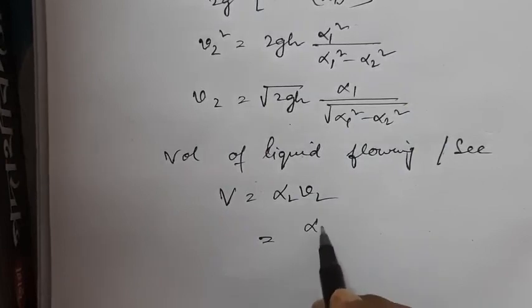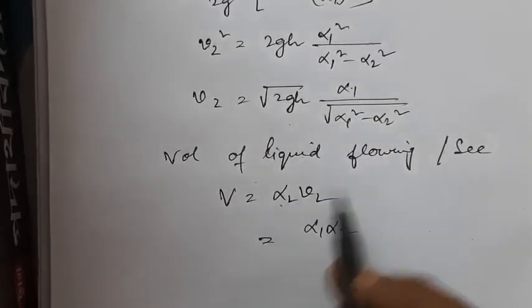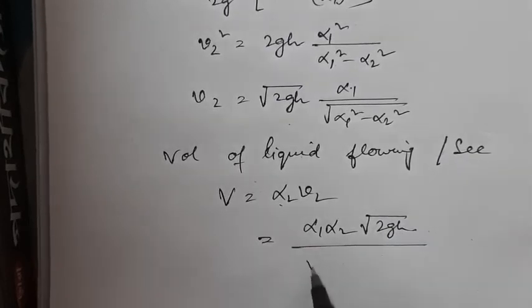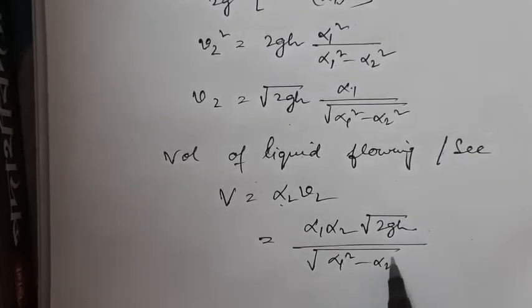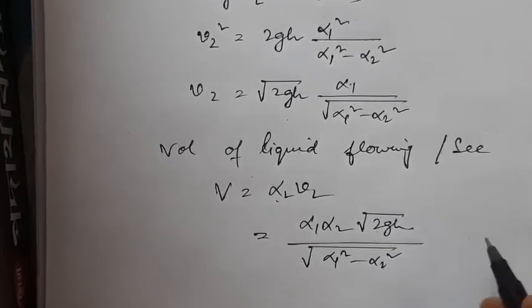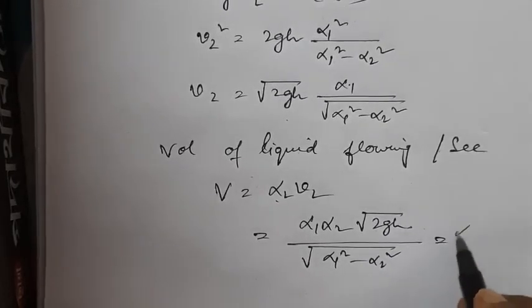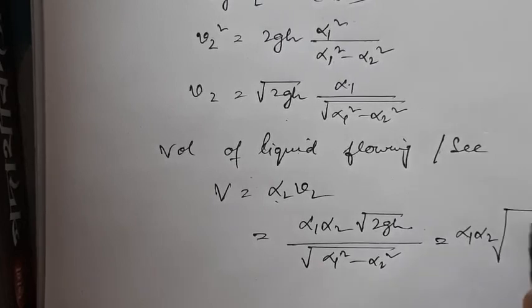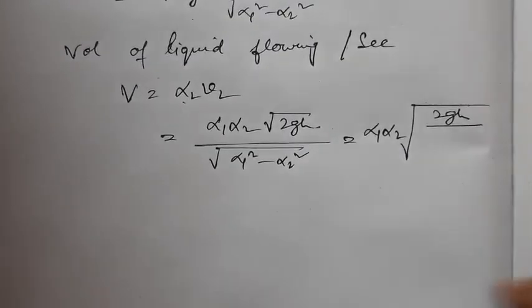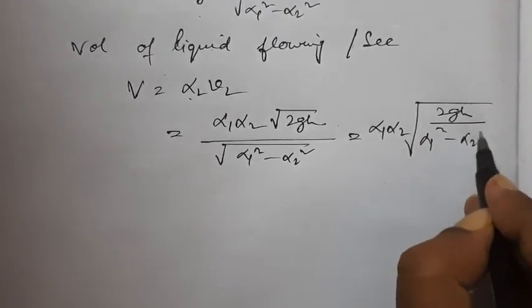It becomes alpha 1 alpha 2 times square root of 2gh by root over (alpha 1 square minus alpha 2 square). We can write it in this form also: alpha 1 alpha 2 times square root of 2gh by (alpha 1 square minus alpha 2 square), all under the root.